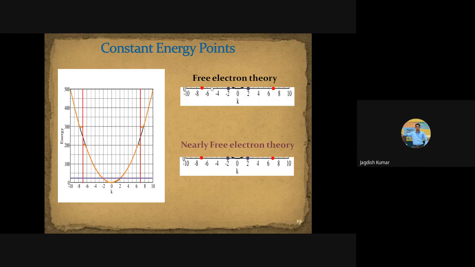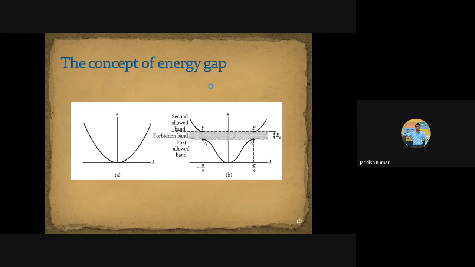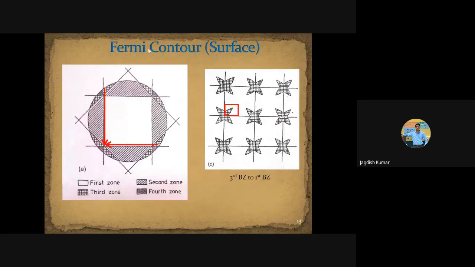If you go back to that triangle, maybe okay. If I quickly try to show, yeah, this is the full second Brillouin zone. So the area of these 4 triangles is exactly equal to the area of this square. Similarly, if you go to the third Brillouin zone, you have 8 triangles, and the area of those 8 triangles is also exactly equal to the area of the first Brillouin zone. So areas are the same. Okay. Yes. Very good. Any other question?